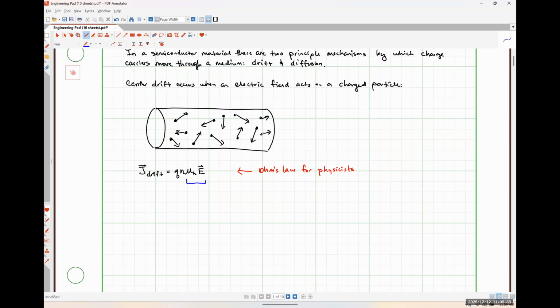This expression right here is what's typically called the drift velocity, where the drift velocity is the average velocity attained by a charge carrier due to an electric field.